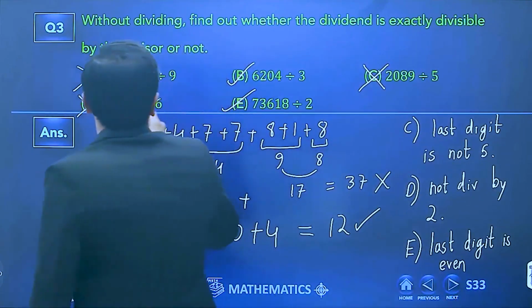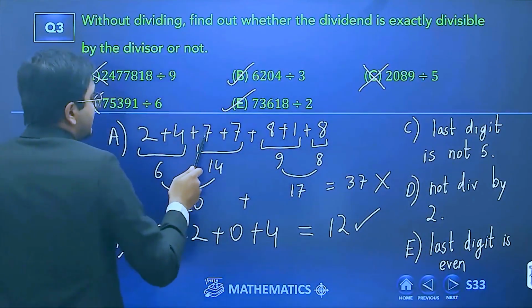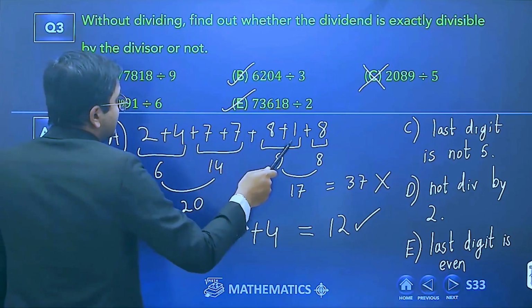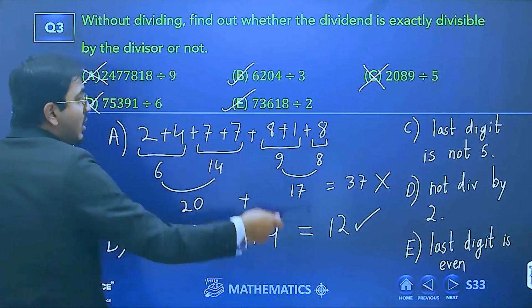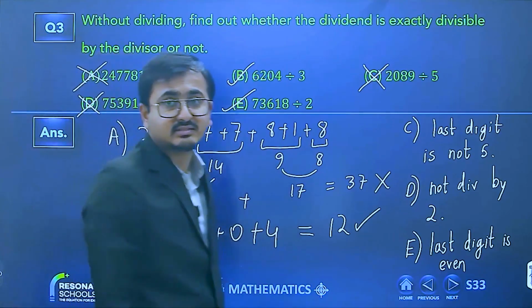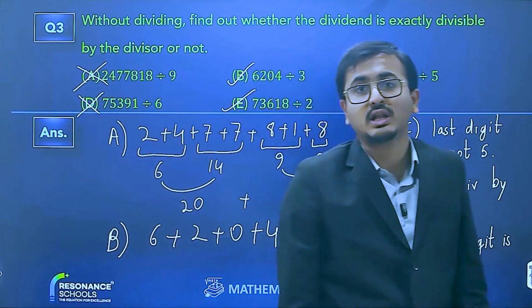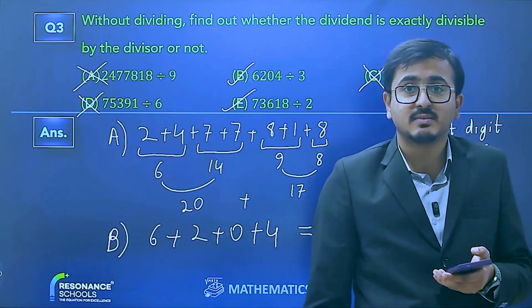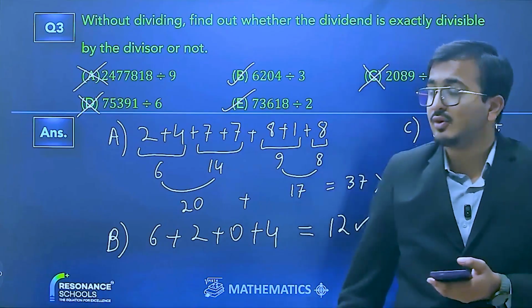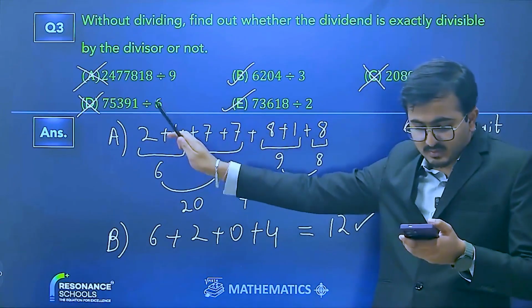Now see, 2 plus 4 plus 7 plus 7 plus 8 plus 1 plus 8. I have added all the digits. I got 37. Is 37 divisible by 9? No. Therefore, the first one is not divisible by 9.